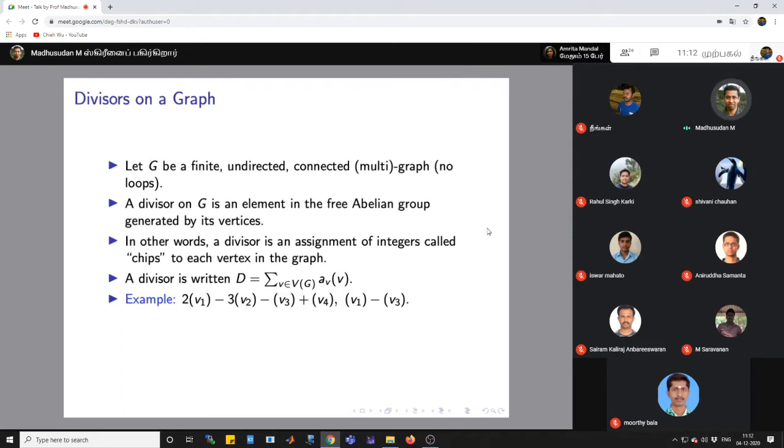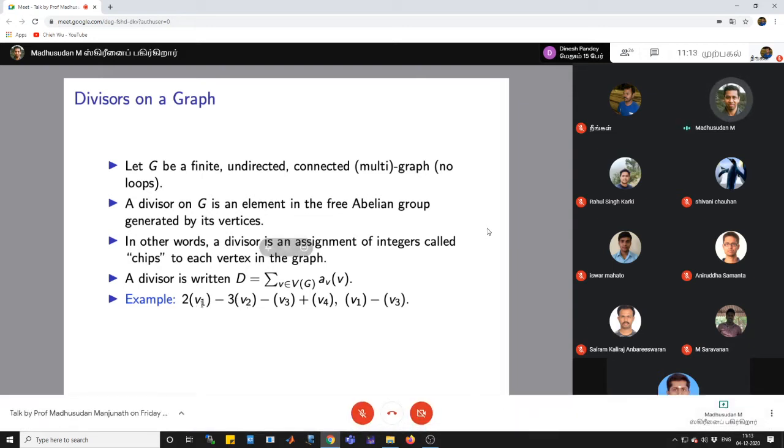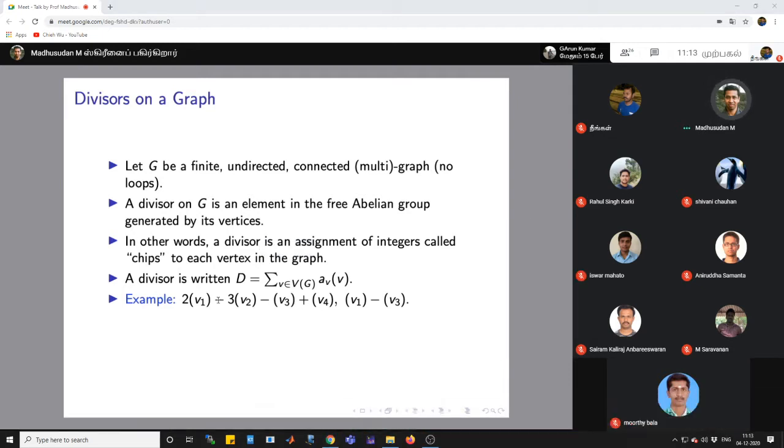So for instance, a couple of examples of divisors are, if you have a graph on 4 vertices, let's say they're labeled v1 to v4, then these are divisors, right? These two that I have given here are divisors. So 2 times bracket v1 minus 3 bracket v2 and so on. So this is a divisor.